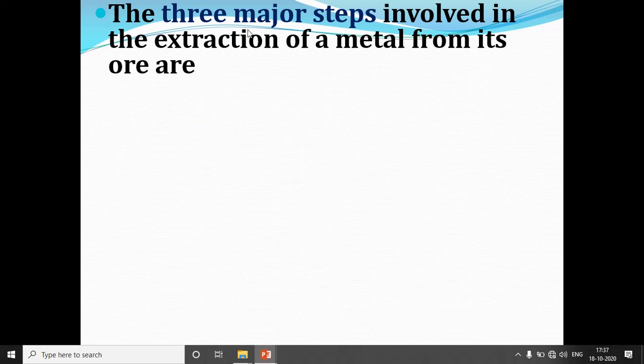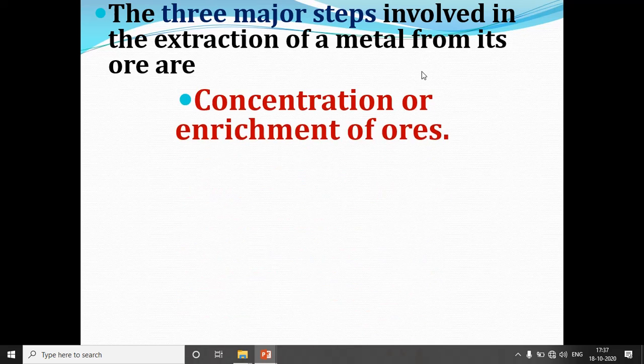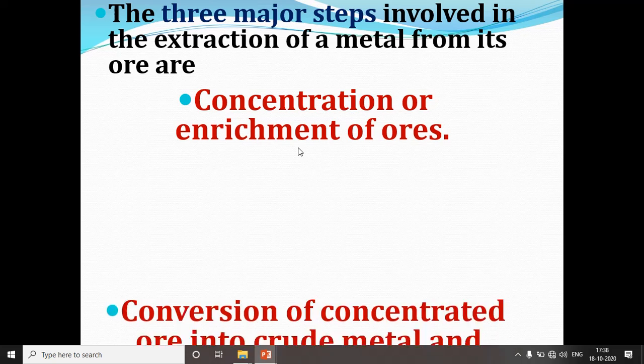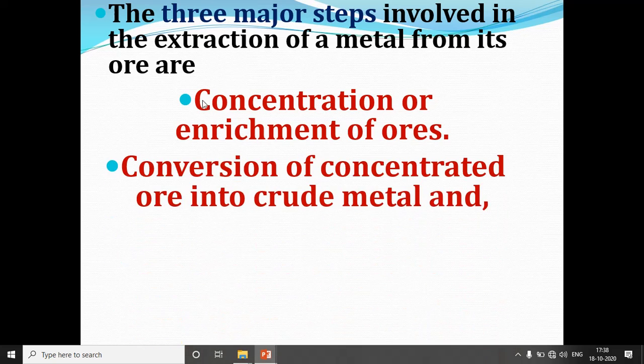So, there are three major steps involved in the extraction of metals from its ore. They are concentration or enrichment of ores. The first step in the extraction of metal from its ore is concentration or enrichment of ores. After concentration, the ore can be converted into crude metal.